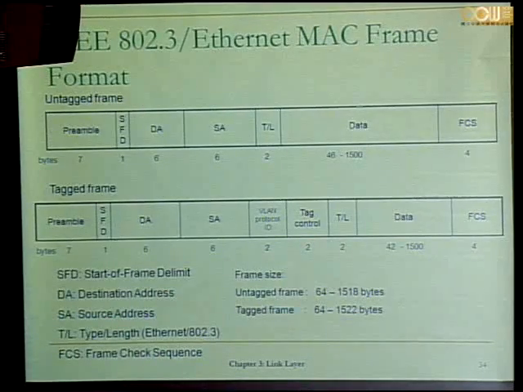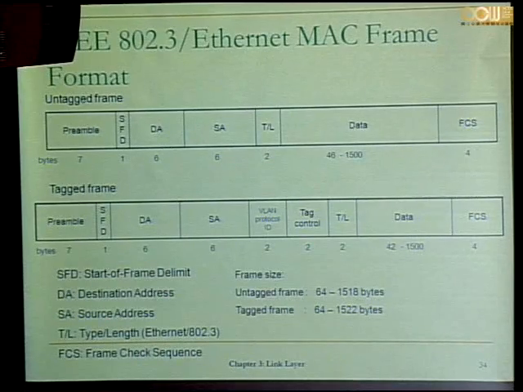And then type and length. On Ethernet, if no station is transmitting, then the channel is idle, the link is idle. So the frames are not back to back.